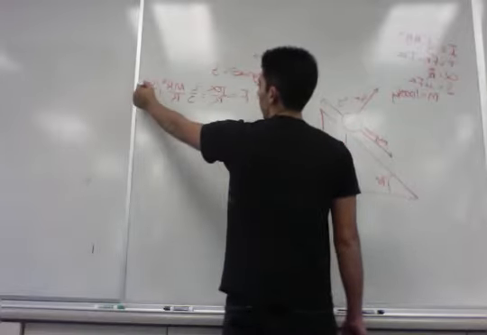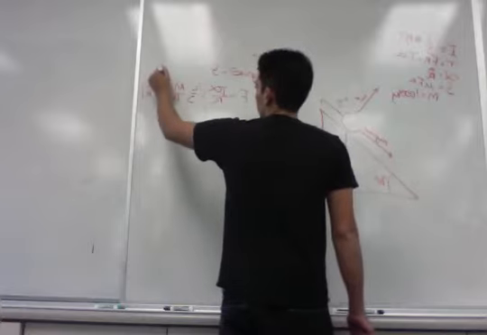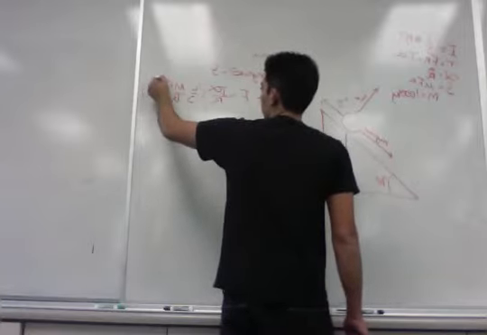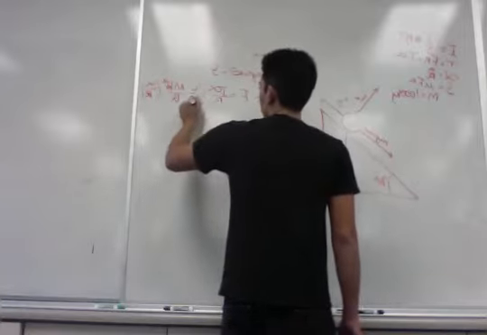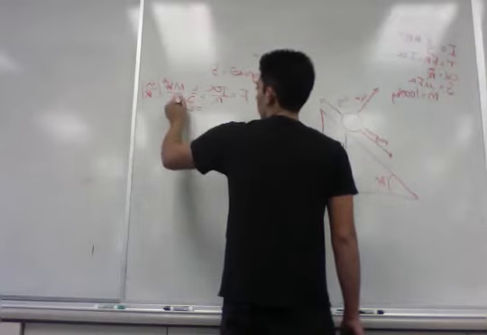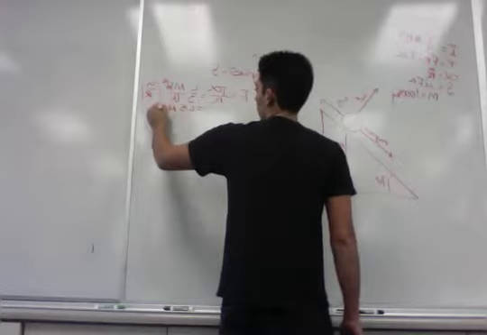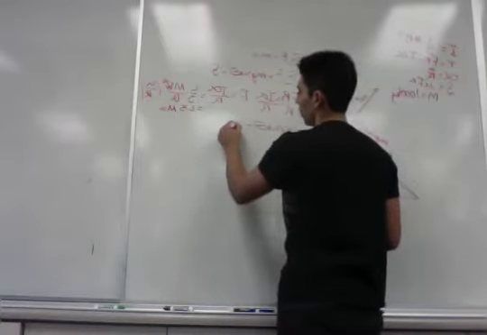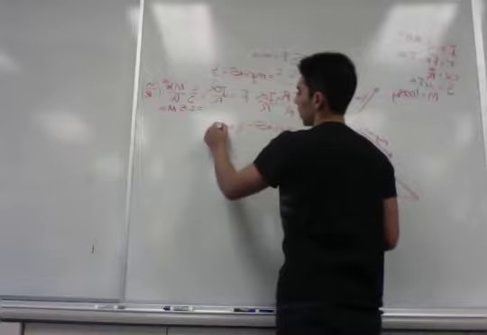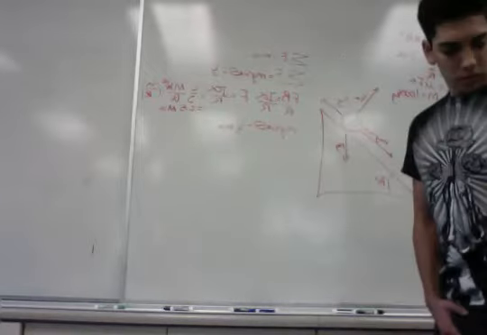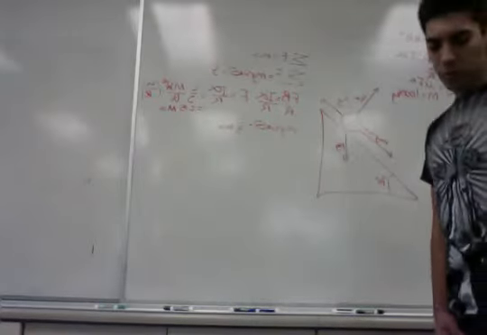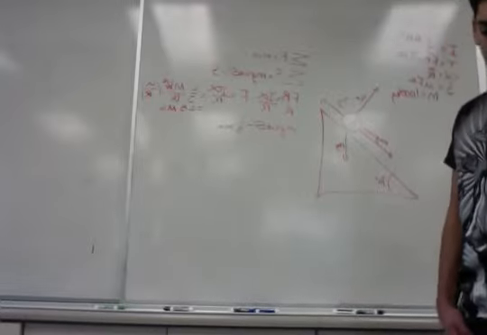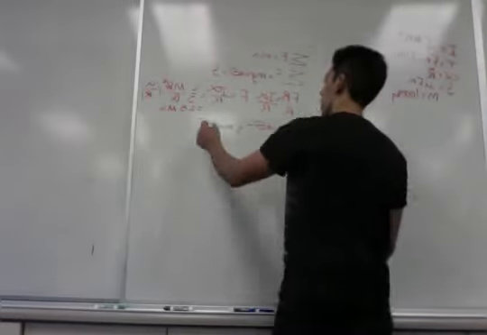And we know that this is going to cancel this, and this is going to cancel this, so we're left with 2/5 ma. So now let's plug that in, 2/5 ma. And we know that this will end up all equaling ma.